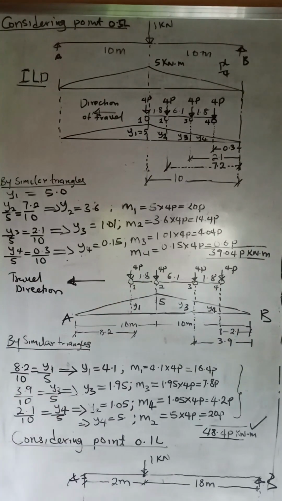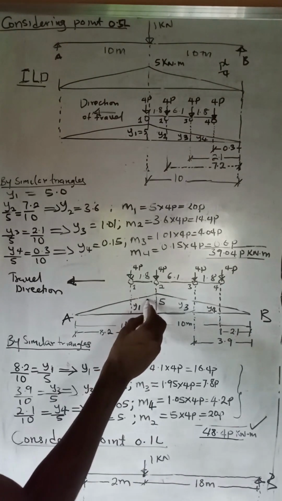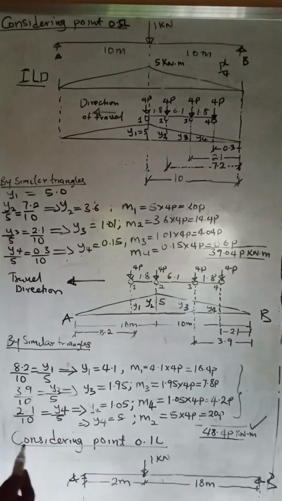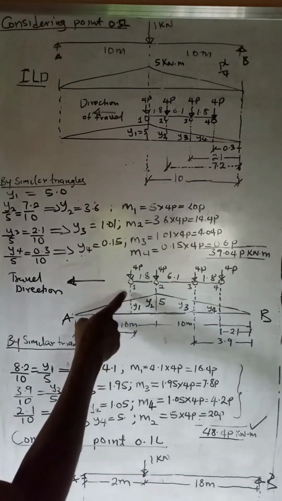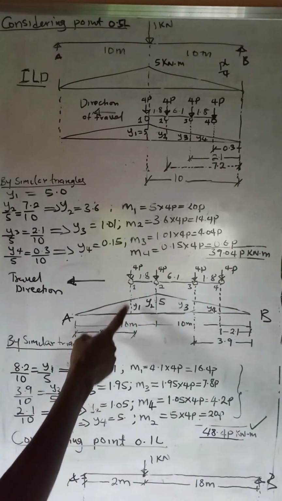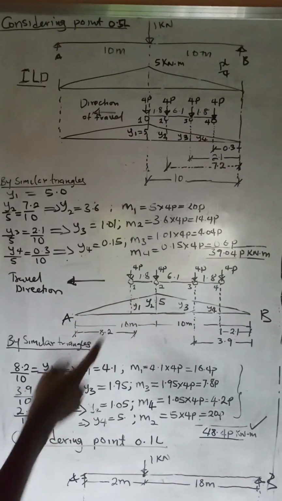Now the same principle goes on. We make use of similar triangles. Let's call this our first axle. Moment due to axle 1 will be the ordinate of the influence line at axle 1, and that ordinate is Y1.